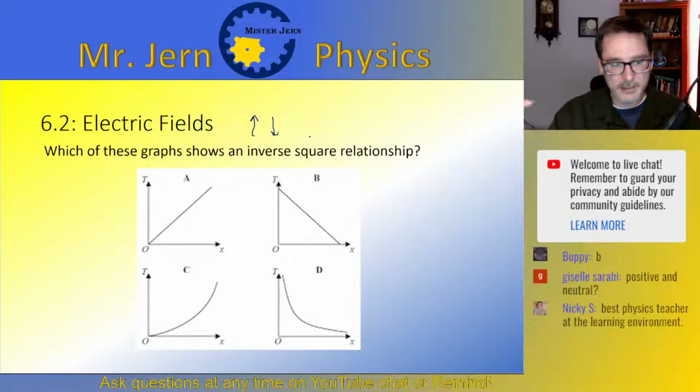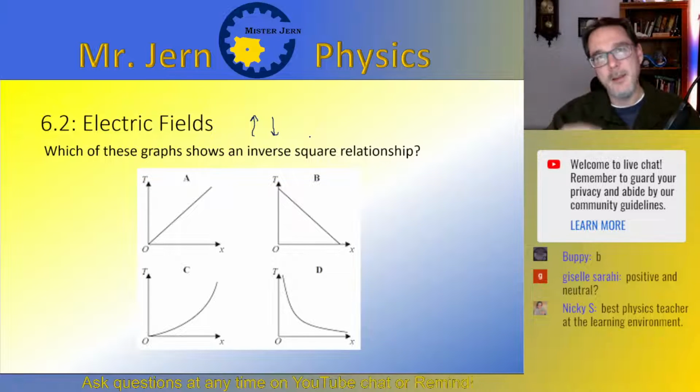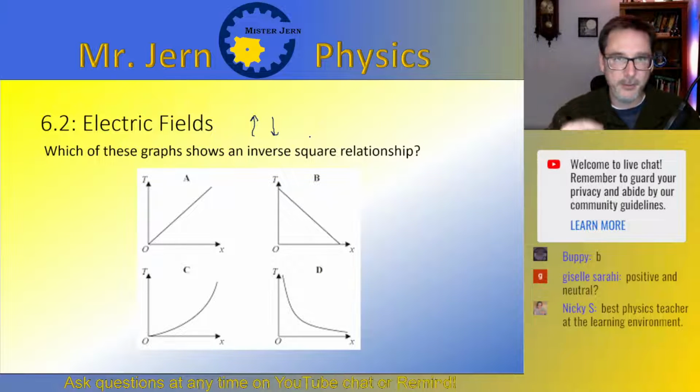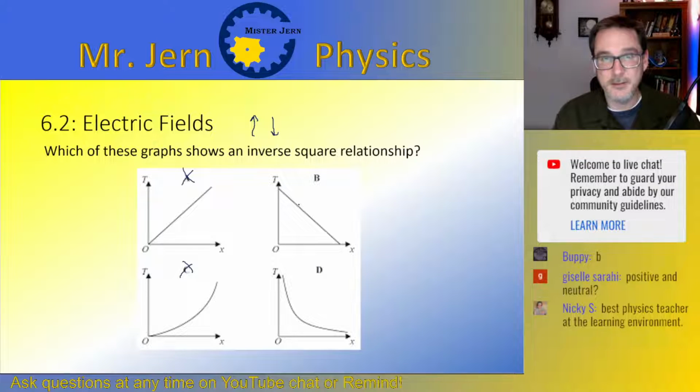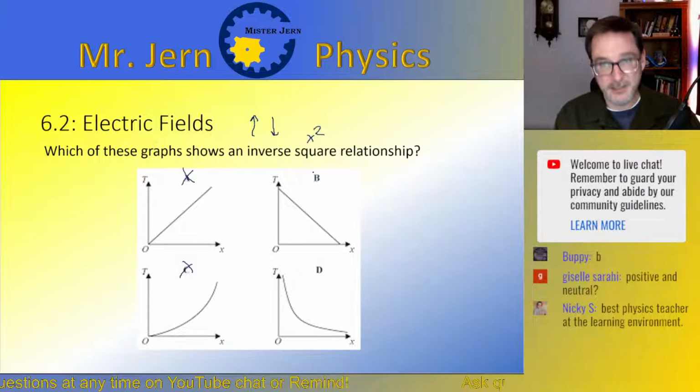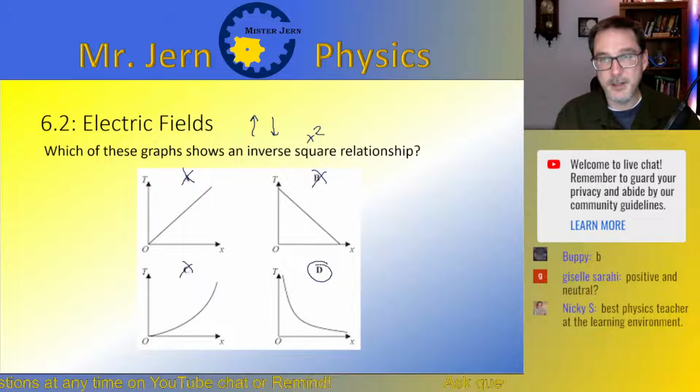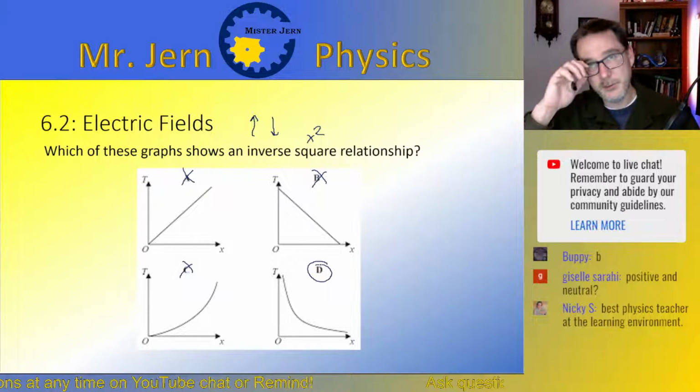So one side is getting bigger and the other side is getting smaller. That eliminates A because that's going upward. It also eliminates C because that's going upward. Square is not linear. It's going to be a curved line going down, inverse square.